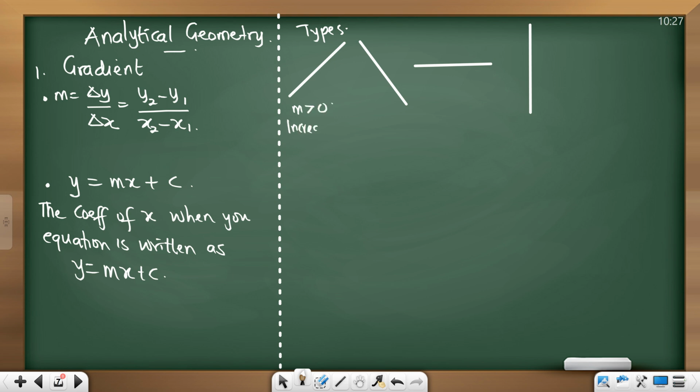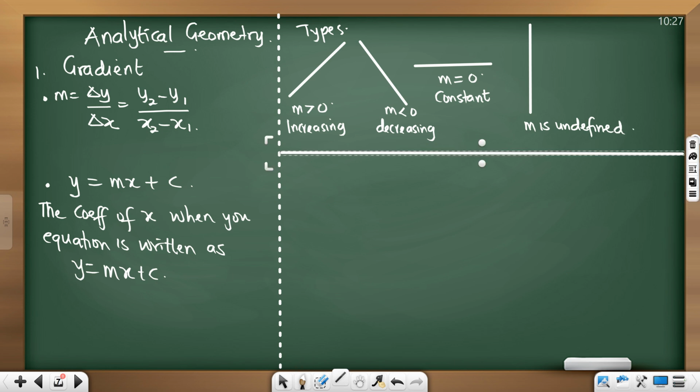It's an increasing function. Here, less than 0. It's a decreasing function. What about the third one? Equal to 0. It's a constant. And here, asymptote. All right, undefined.